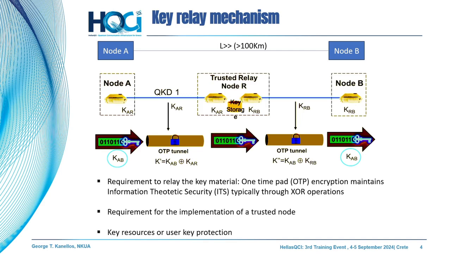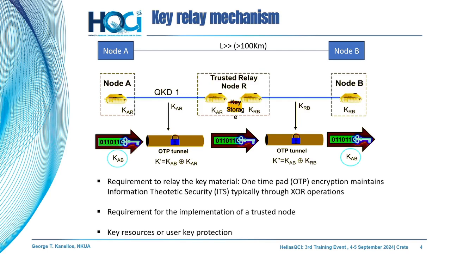We call this a relay mechanism, and it is important because, at least in theory and in principle, it maintains the information theoretic secure process that we gain with QKD. However, that comes with an additional constraint that the intermediate node is now a trusted node.